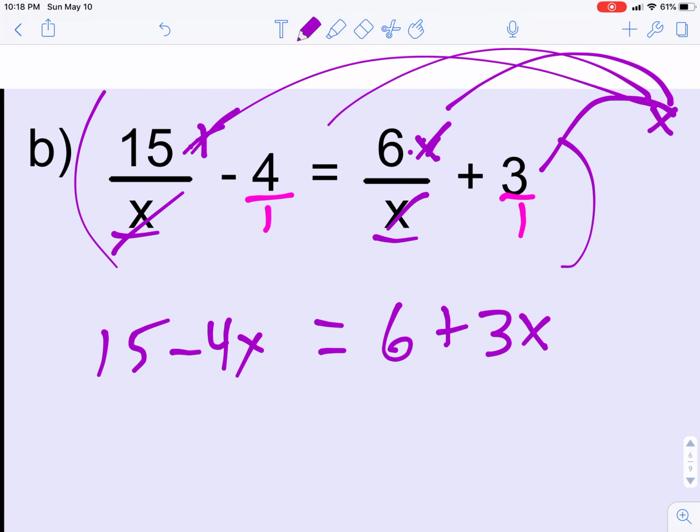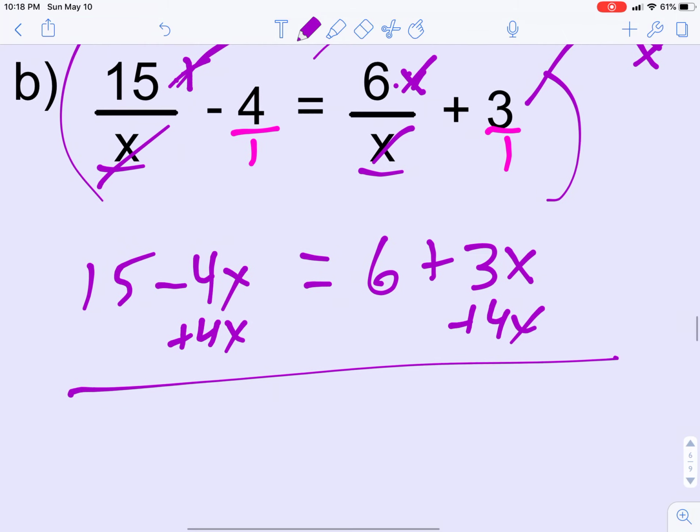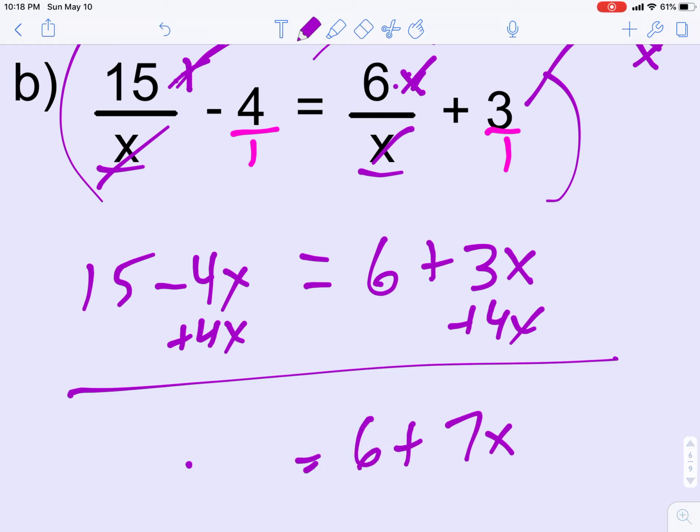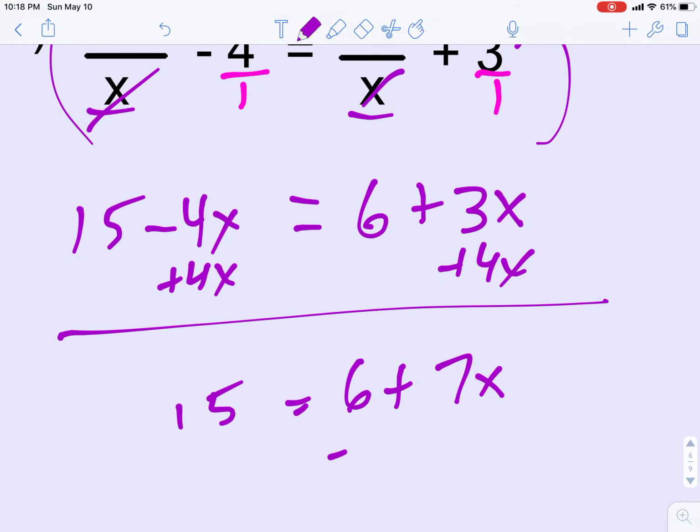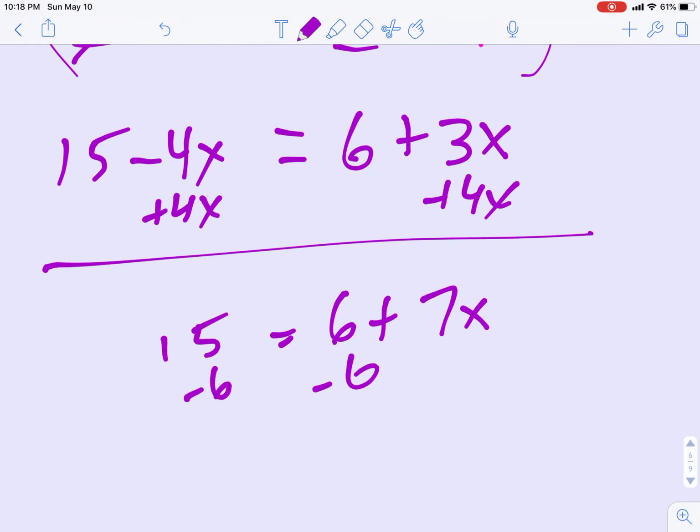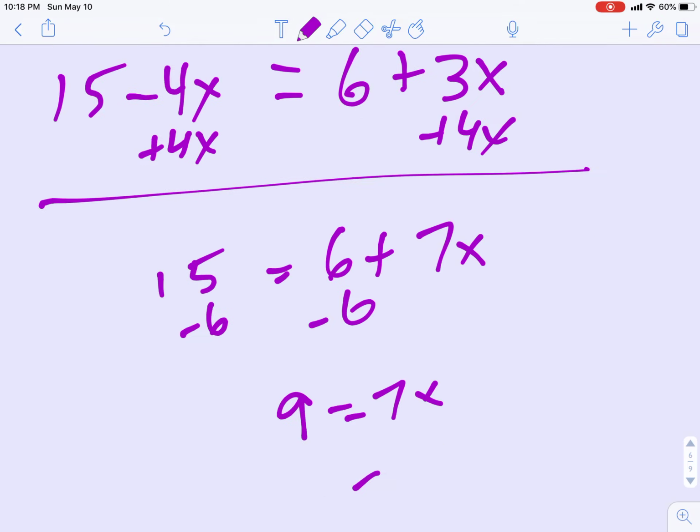Now we would get the x's on one side, so I'm going to add 4x. And notice how all the fractions are gone now. So it's just a two-stepper, a little Texas two-stepper to end it out. Subtract 6 from both sides. We get 7x is equal to 15 minus 6, which is 9. And then divide by 7, we get 9/7.